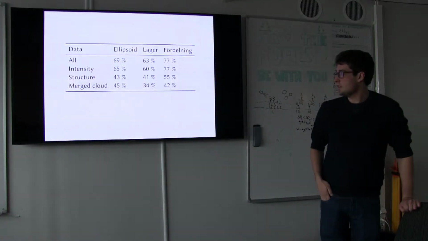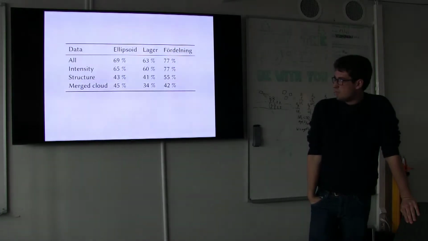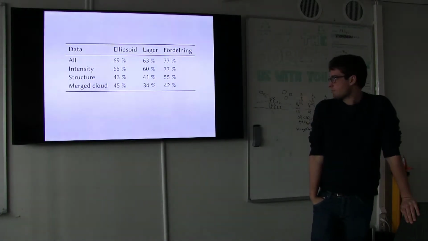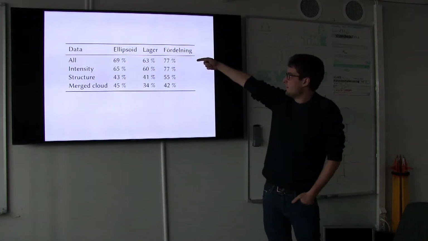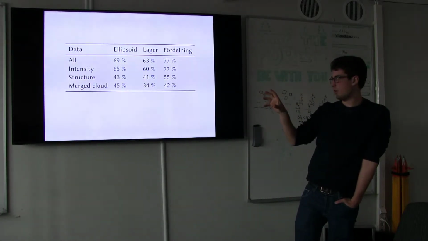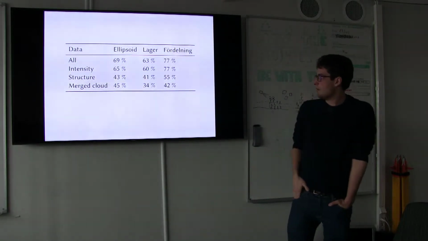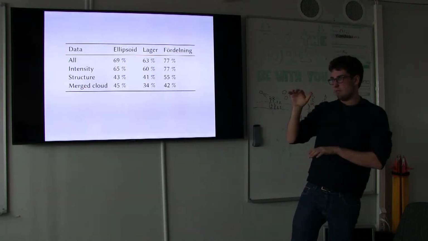And these are the results. I made some subsets of the data. The first row here is all the points together in each point cloud, and we see that the best classification is made with the percentile method.